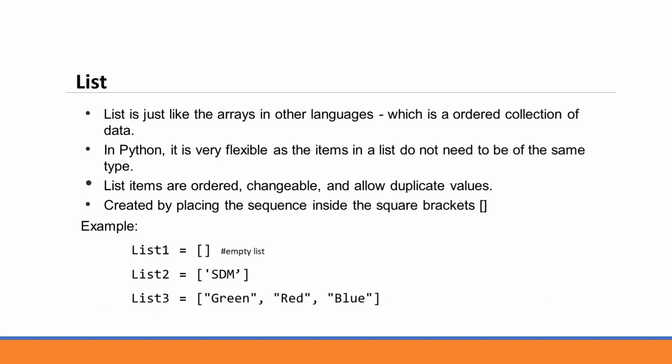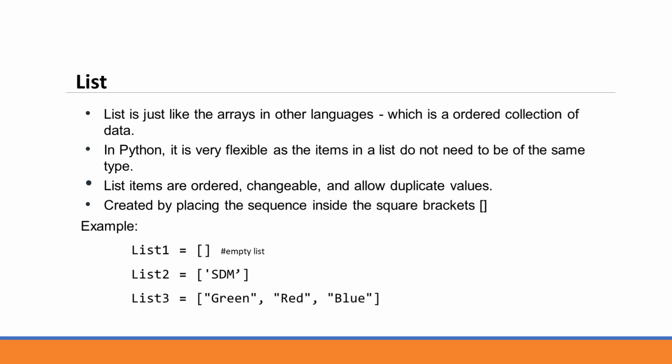So, the second type of sequence data is list. A list is just like the array. Array we use whenever we need to store a group of elements in one single variable, or one variable name represents the group of elements. So, the list is also like an array where we can store the group of elements together, which is an ordered collection of data.